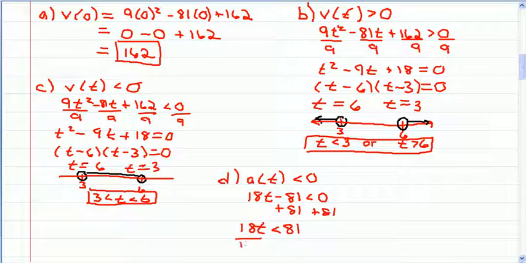So when an object is decelerating, it means that the speed is decreasing. So t is less than 4.5.